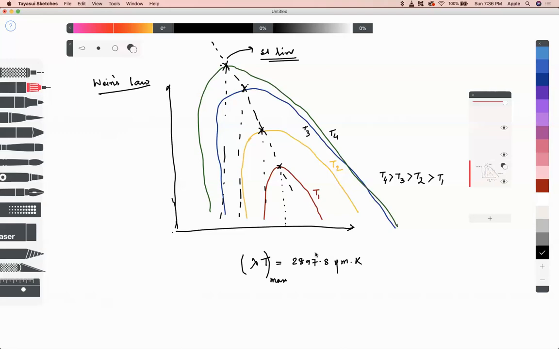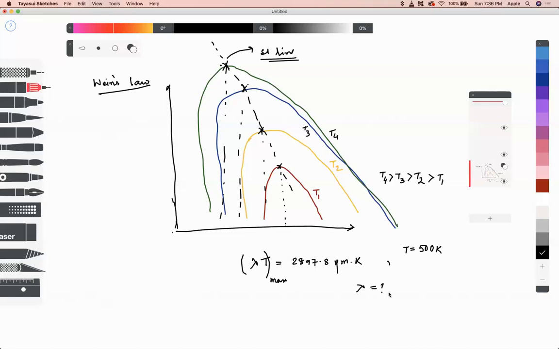So if you just know the temperature of the body, let's say T equals 500 Kelvin, you just substitute in this equation and you will know the wavelength for which maximum radiation is coming out.